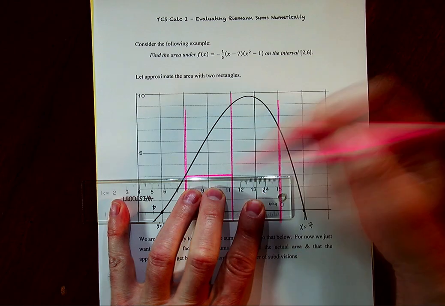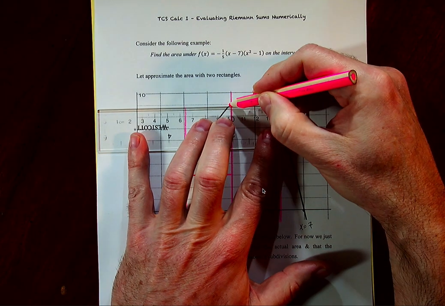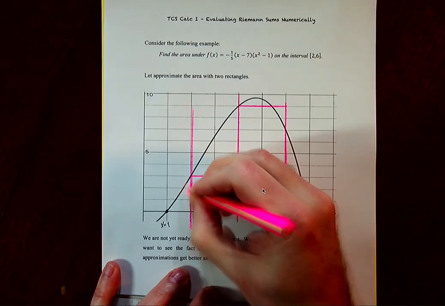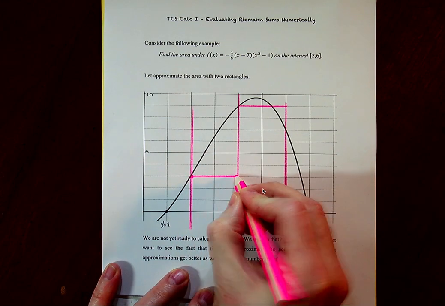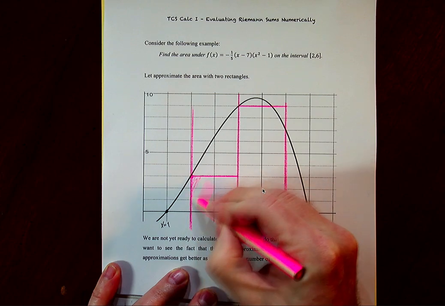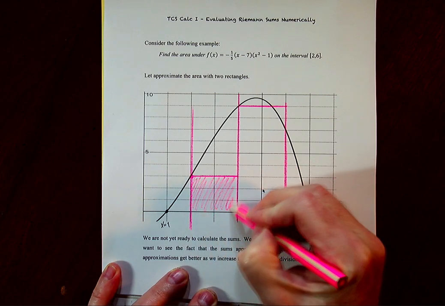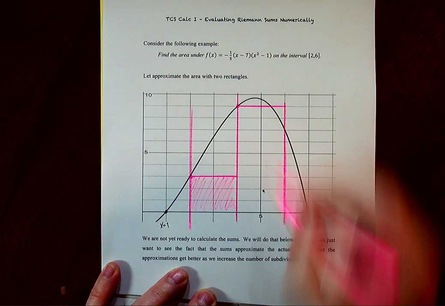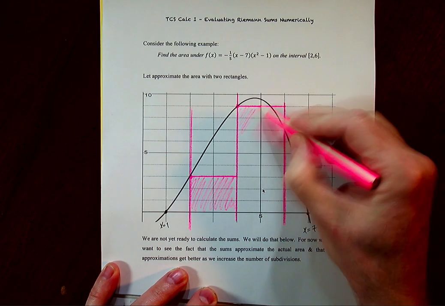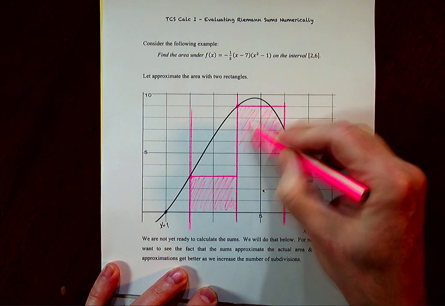So what happens here is I basically am going to use this point on the left-hand side of this first interval to draw the function value and determine the height of this rectangle. And I'm going to use this point, which is the left-hand side of the second interval, to determine the height of this rectangle.